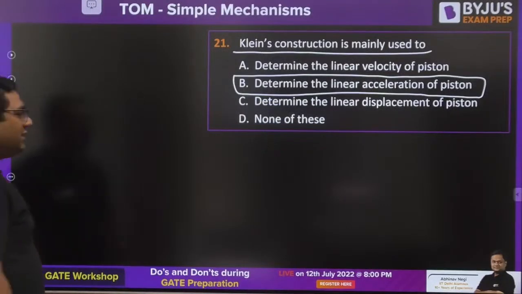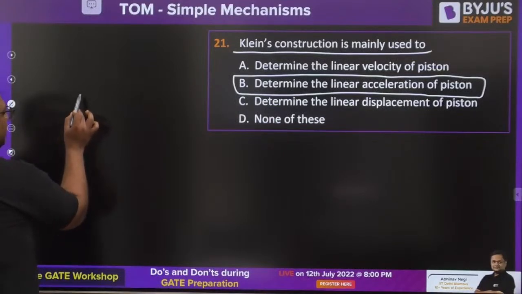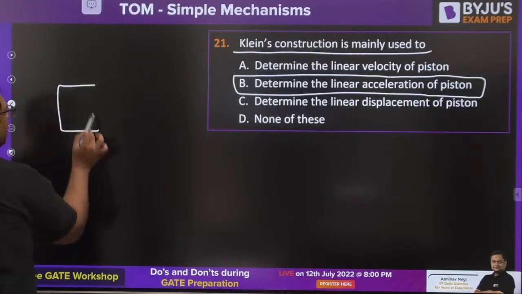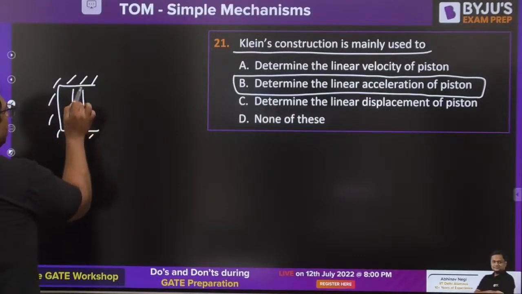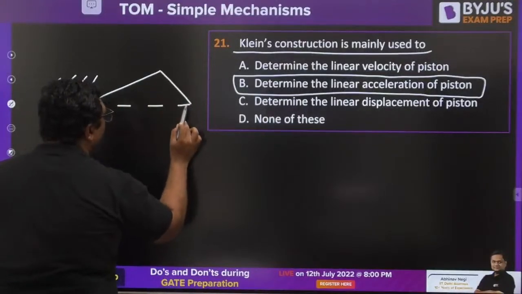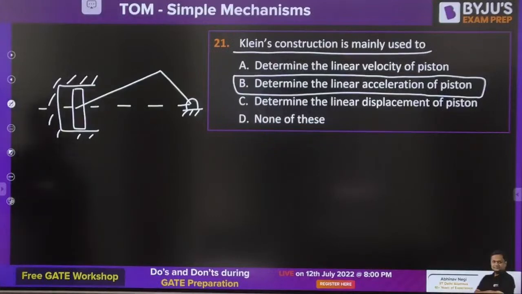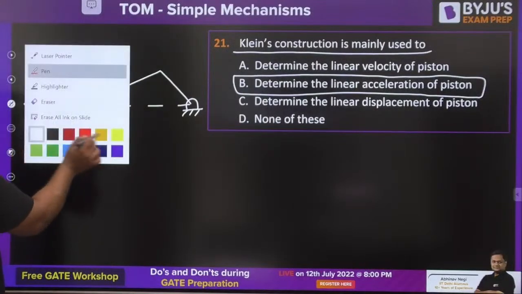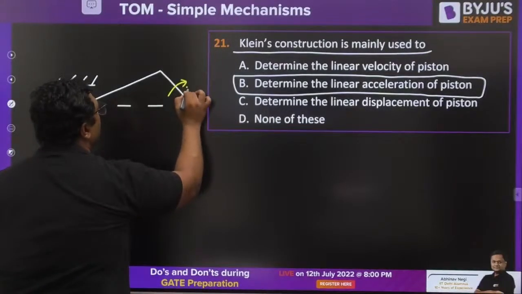So dear, whenever we are talking about Klein's construction, it is given for a single slider crank mechanism. Okay, I am telling you the procedure, don't worry. So my dear, just feel it. This is rotating with some angular velocity of omega.